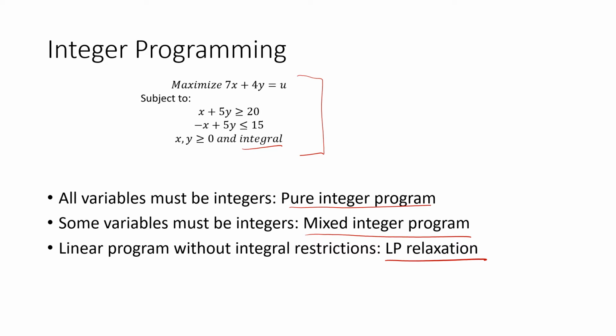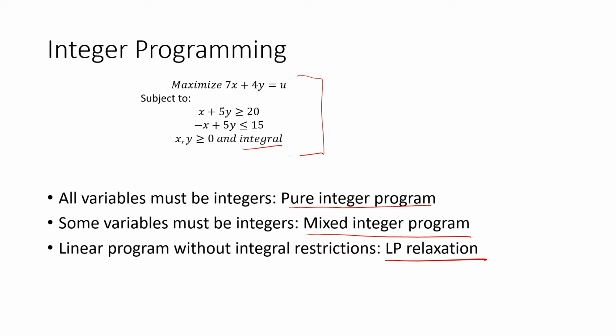For example, you take the one that's here and you solve this without the integer restriction. Then you solve it with the integer restriction. Your solution with no integer restriction will always be equal to or better than the solution with the integer restriction.